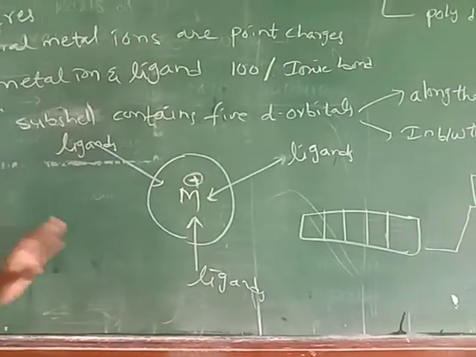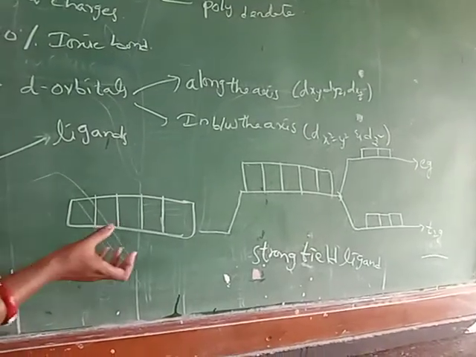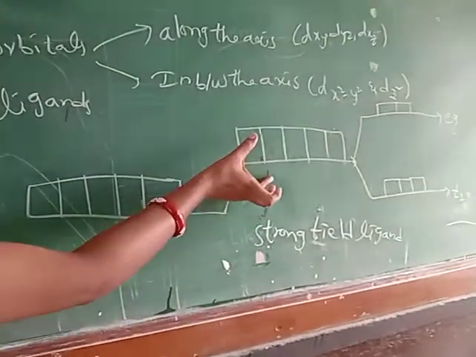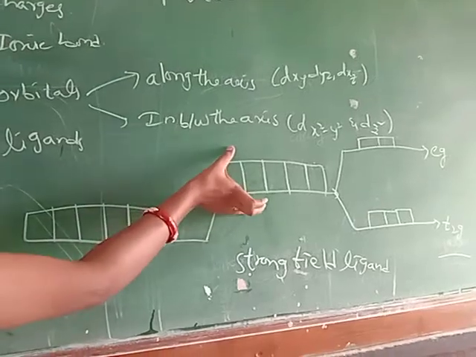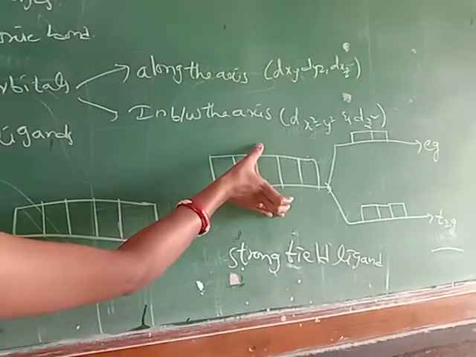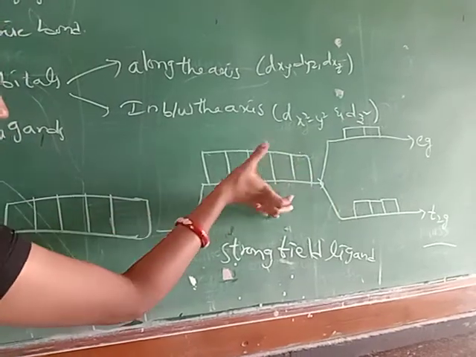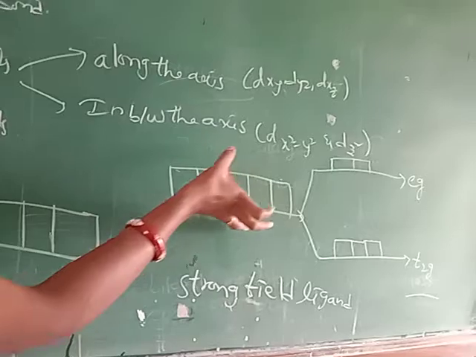Now see, this is the degenerate d orbital. The ligands are approaching the d orbitals, so the degeneracy is lifted. The 5 d orbitals are splitting, because of the presence of ligands approaching the central metal ion.